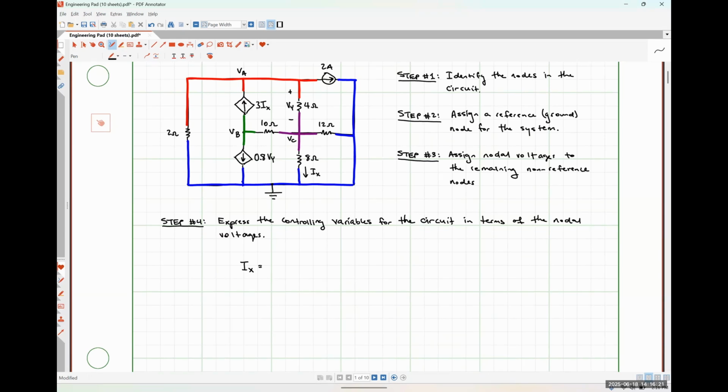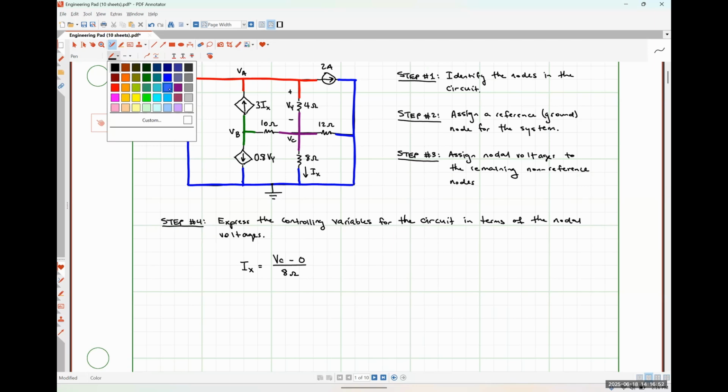How I write my equations, particularly for currents, is I do the nodal voltage where the current is starting from. So that would be VC minus the nodal voltage that the current is flowing to, which in this case is just ground, so 0 volts. And then I divide by my resistor value, which in this case is just going to be 8 ohms.